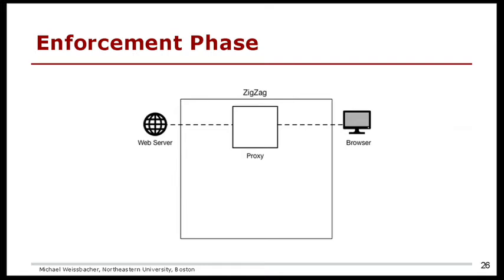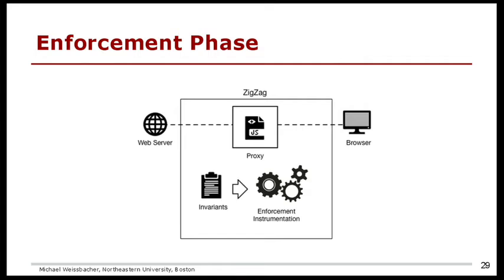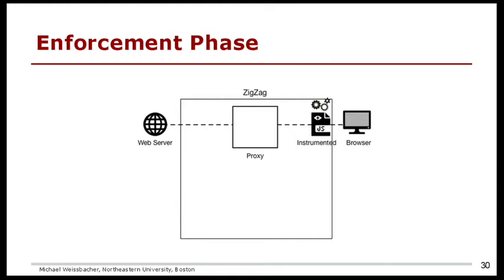Okay, so after having these invariants generated, we can switch to the enforcement phase of this tool. Again, we have the user request a website. We're sending the JavaScript program to the user. When it's in the proxy, we are again running our tool, and now it is inserting the invariants into the instrumented code, so we can enforce them at runtime.